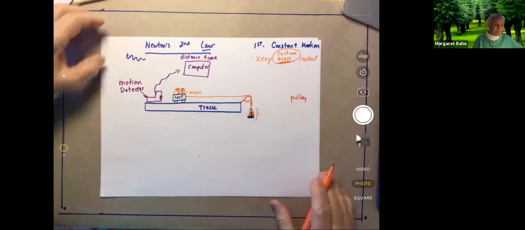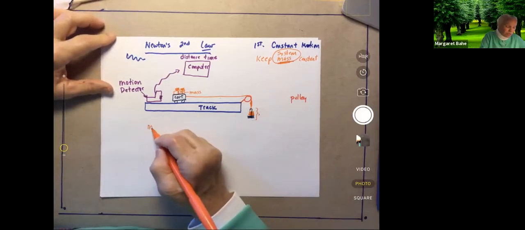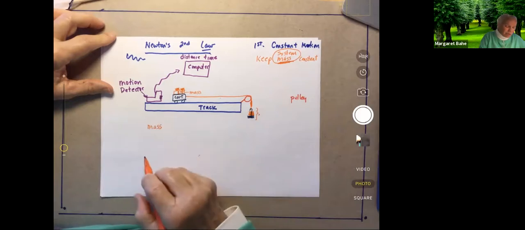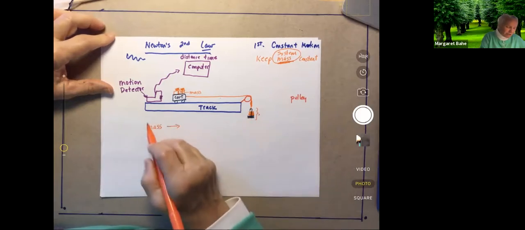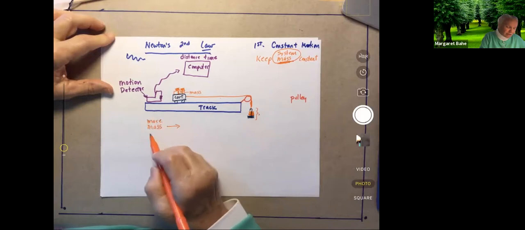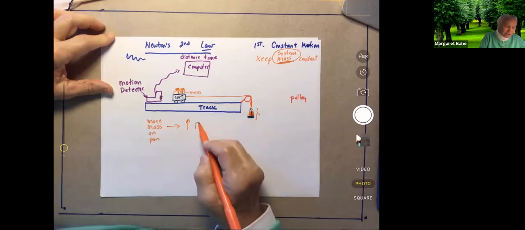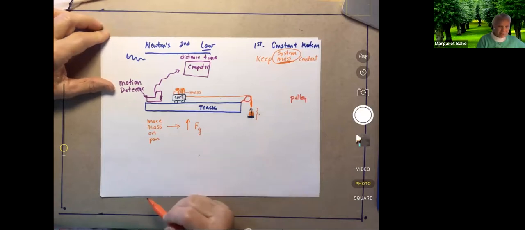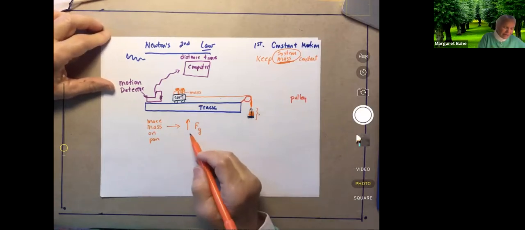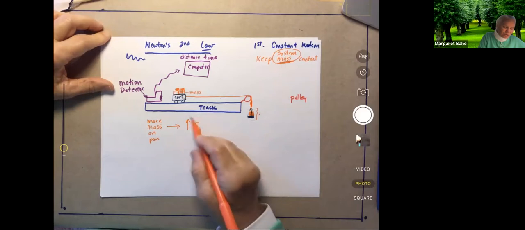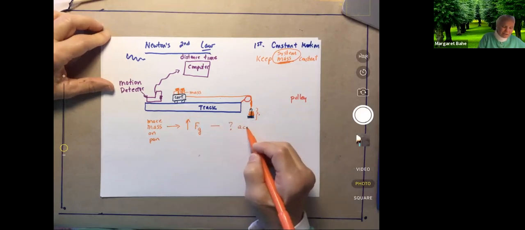So what we're going to be measuring is this: we're going to move mass from the cart and put it on the pan. When we put more mass on the pan, that means we're going to increase the force of gravity. And our question is, as we increase the force of gravity, what is going to happen to acceleration?